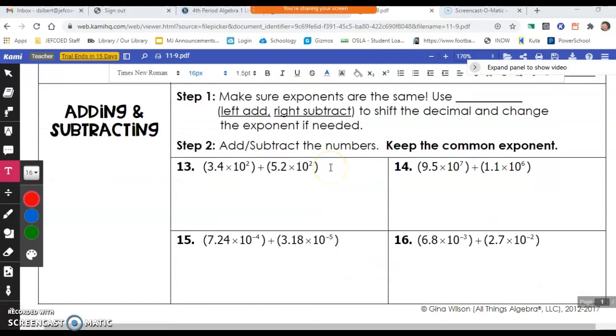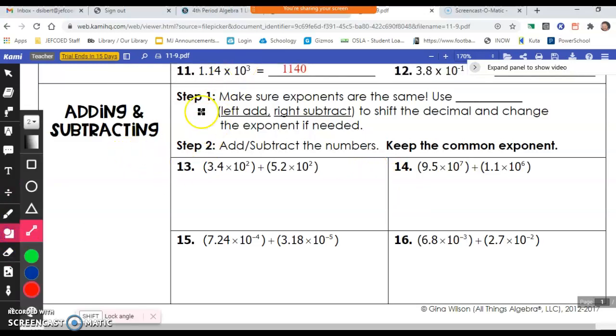All right, so we're fixing to start looking at adding and subtracting scientific notation. So instead of having to write out these 7, 8, 9, 10 digit numbers and add them together, it's going to be a little more condensed version. The first thing that you guys need to know is that please make sure your exponents are the same. And this goes back to our exponent rules, guys.